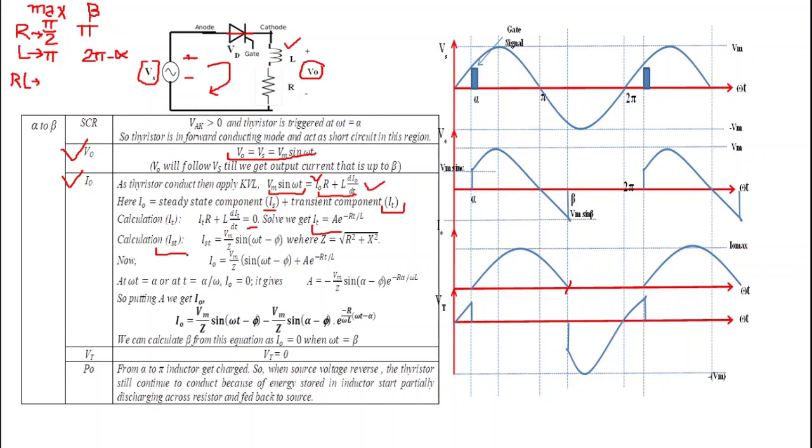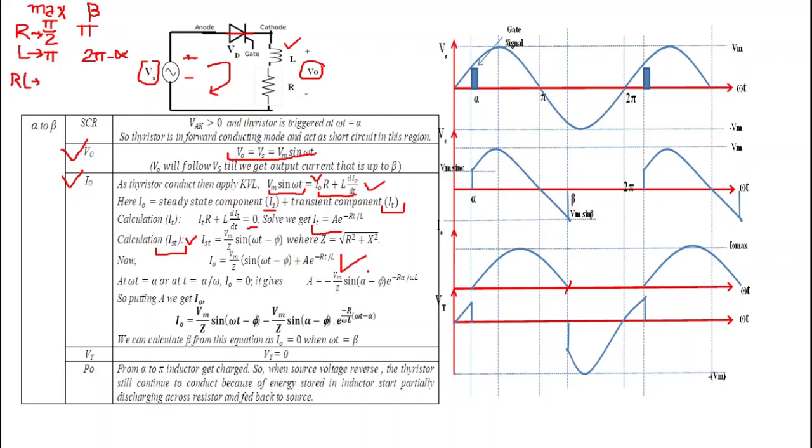We will calculate it by using the network theory concept, that is steady state analysis. So we get IST is equal to Vm by Z sin omega t minus phi. On adding this transient current and this steady state current, we get I0 is equal to Vm by Z sin omega t minus phi plus A e to the power minus R by L t.